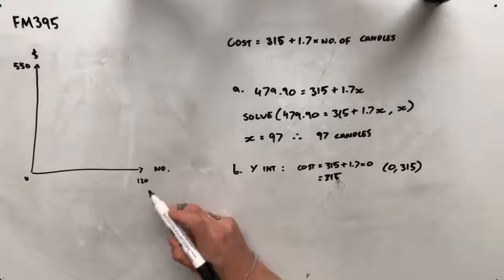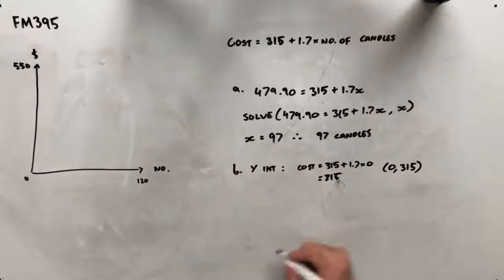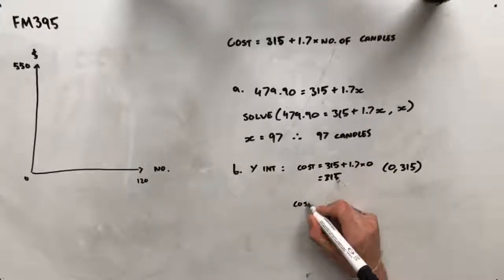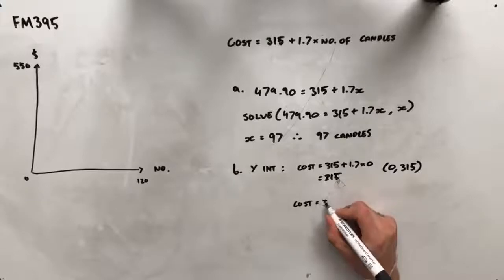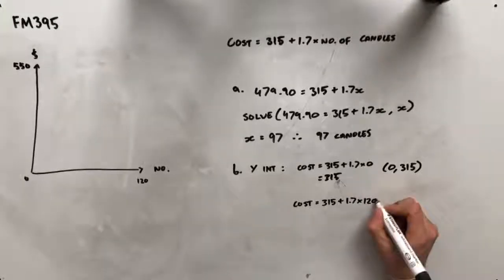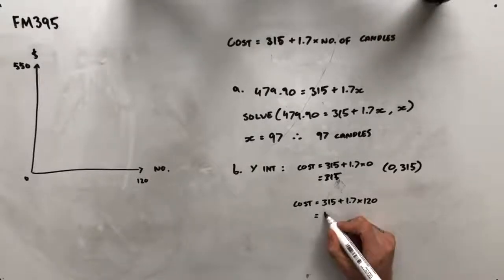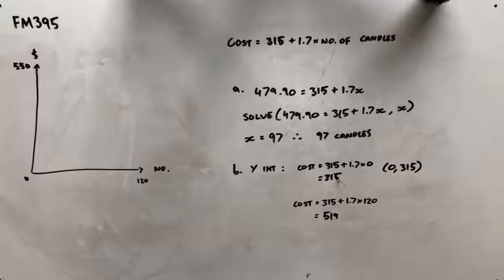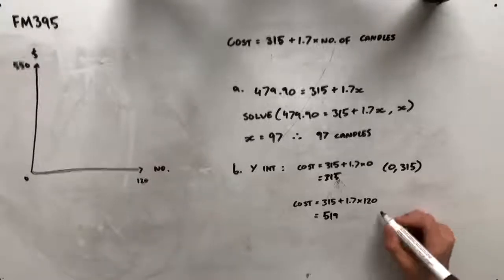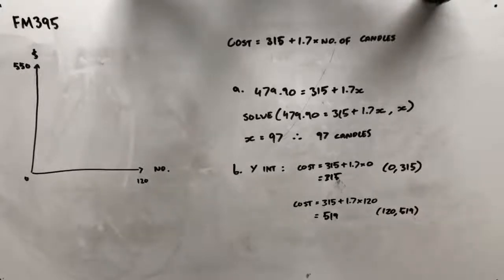So the other point I'm going to pick is to substitute 120 for the number of candles. So in this scenario, we've got the cost is equal to 315 plus 1.7 times 120 candles. Now, when we plug this into our calculators, we should get an answer of 519, meaning that our coordinate here is 120, 519.